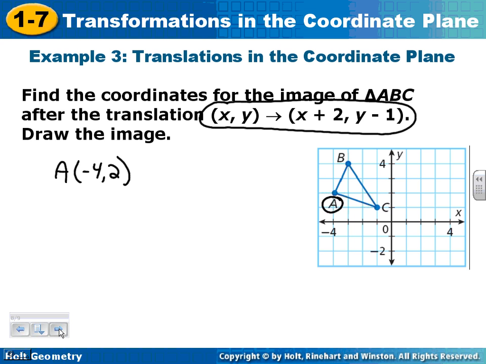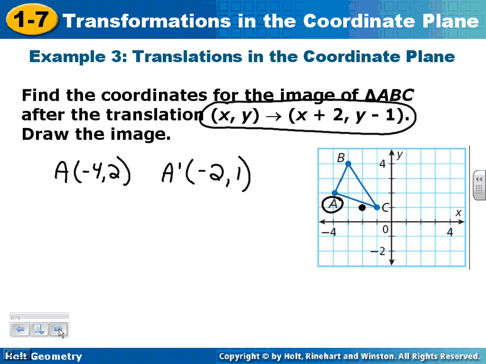I need to add 2 and subtract 1. So my A prime, add 2 would make that a negative 2. Subtract 1 would make that a 1. So my A prime would be negative 2, 1, or right there.